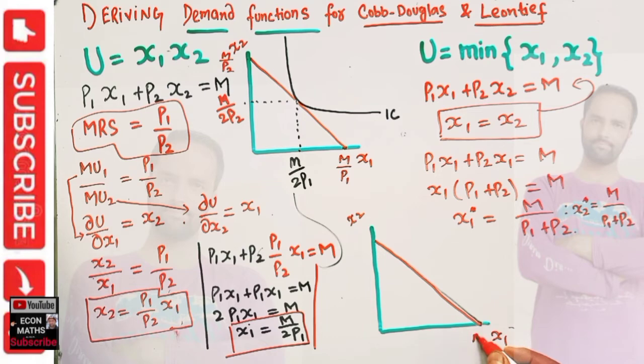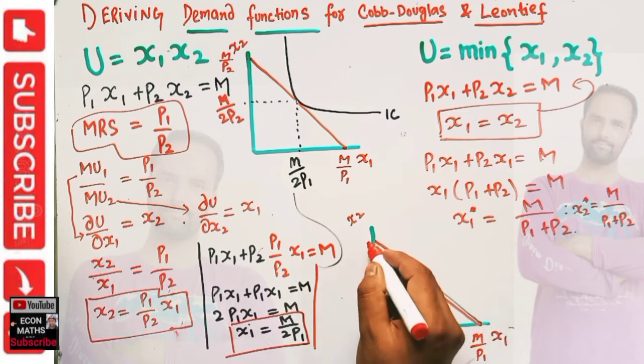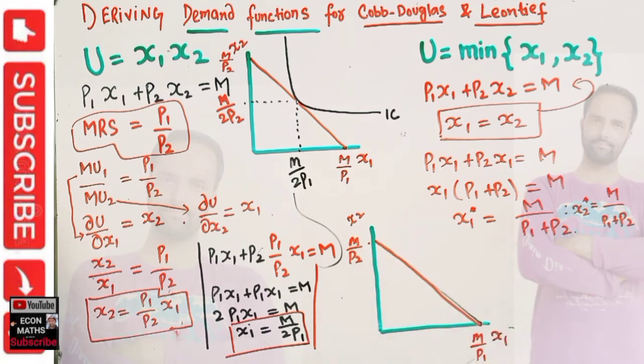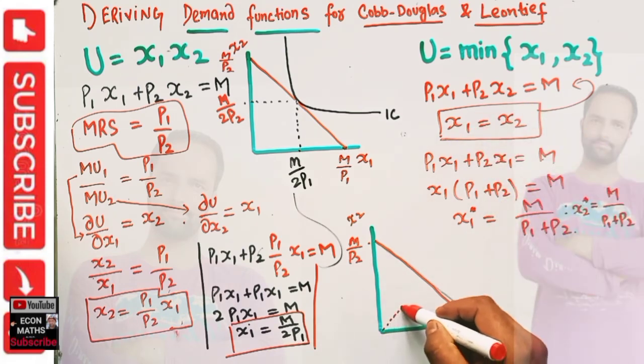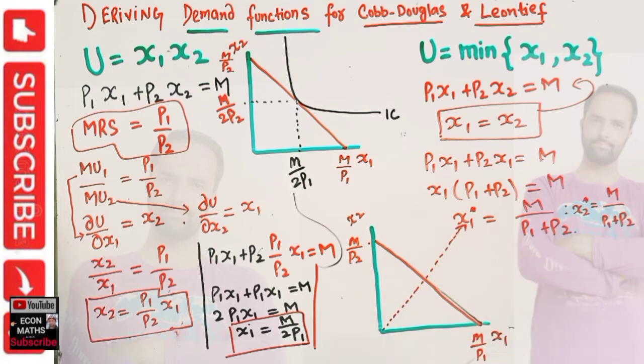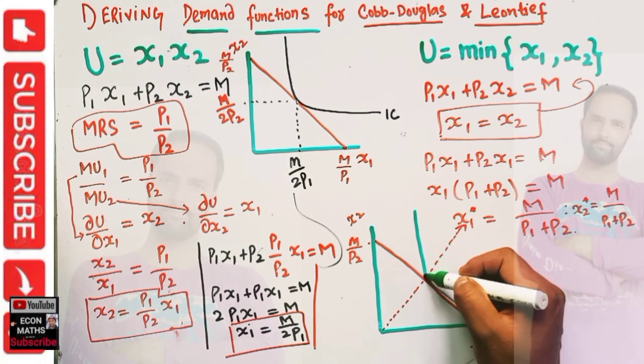This is the coordinate where all income will be spent on x1, so m upon p1. Here this is m upon p2. We also got x1 is equal to x2, so our ray will look like this, 45 degrees in this case, and the indifference curve in this case will be something like this.